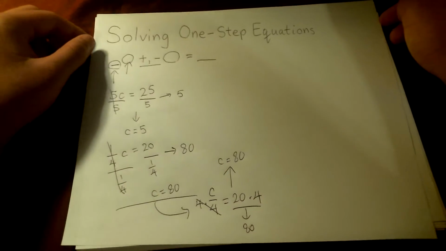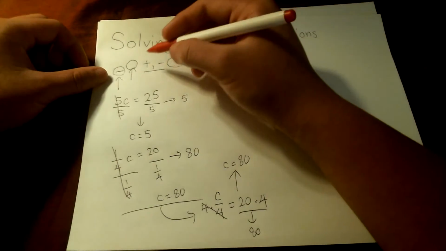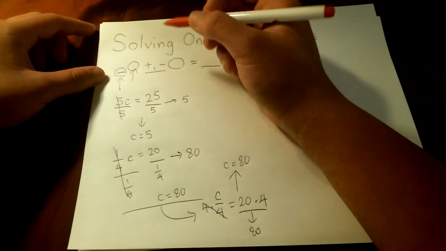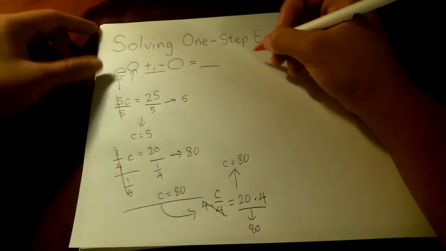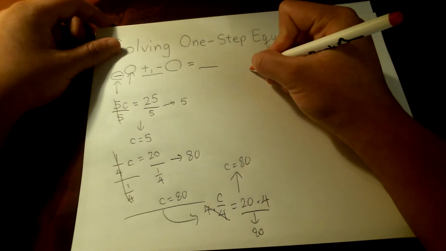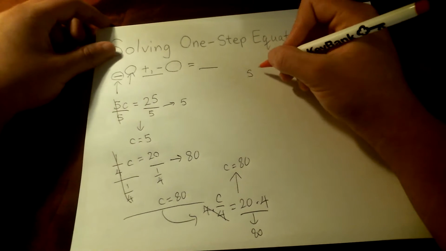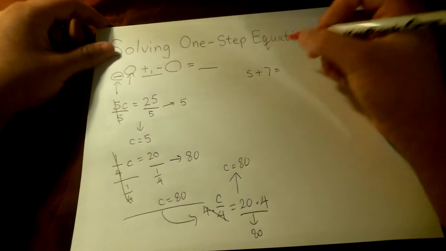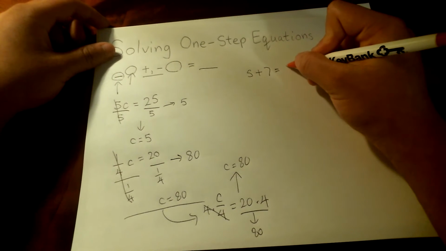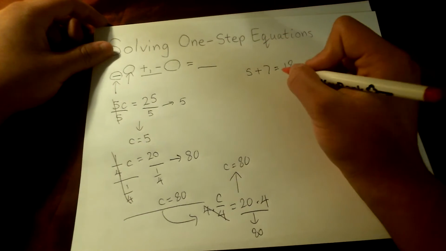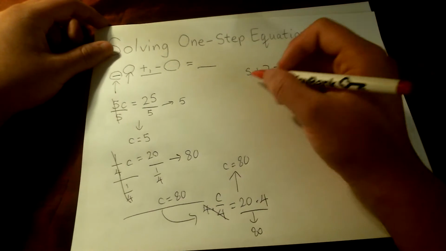All right, so let's move on with the scenarios when there is no coefficient and instead there is a plus or minus. So we'll just say our variable is s, and we'll add 7, and over here we have 18 as the value this equals.